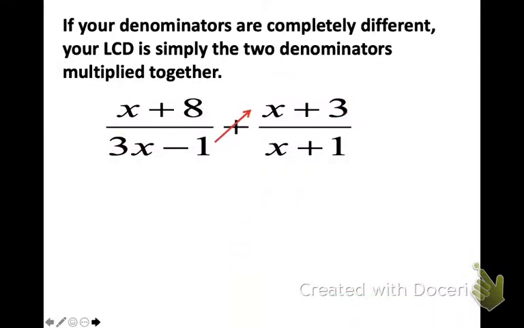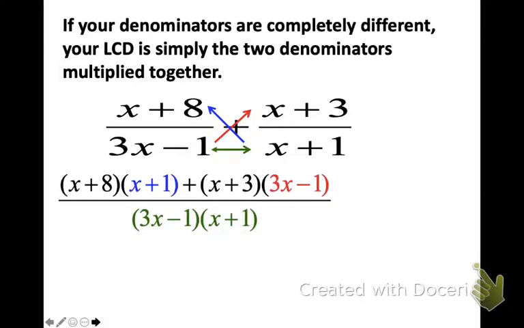Now this works because we have totally different denominators. So basically we can multiply across, multiply the x plus 1 with the x plus 8, and then if we multiply the denominators together, we're going to see we get the same exact expression that we had when we did it the other way.